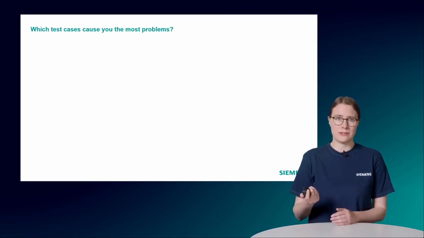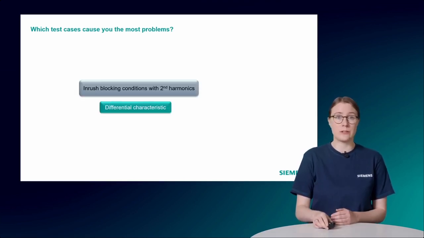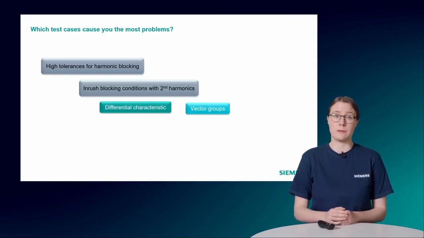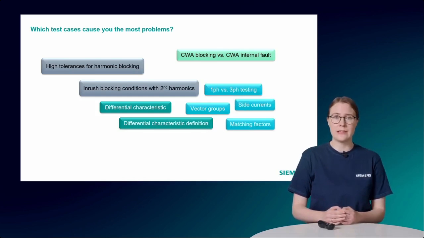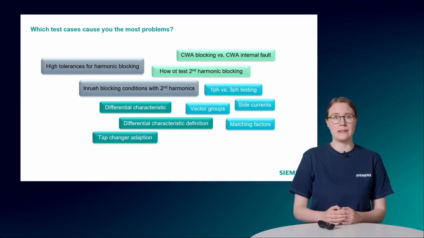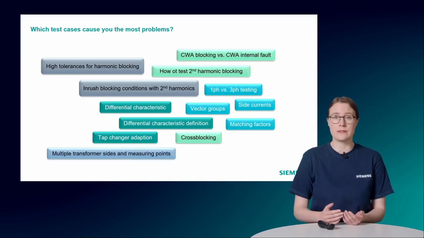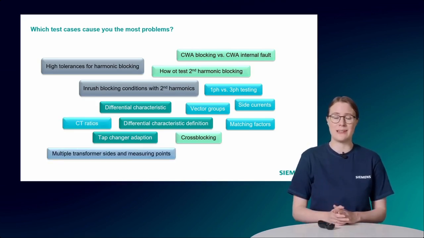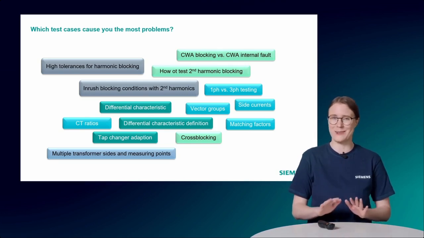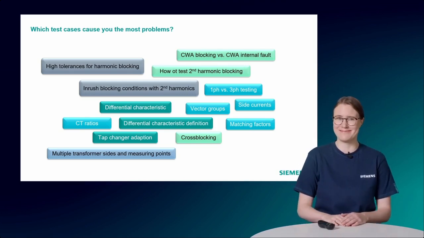The next question we asked the customers was, which test cases cause you the most problems? Here, on the one hand, points were mentioned that result from measurement processing done in the relay, such as vector groups, side currents, matching factors, tap changer adaptation, and so on, which can get complicated, I admit.